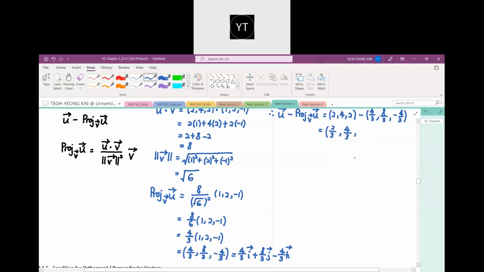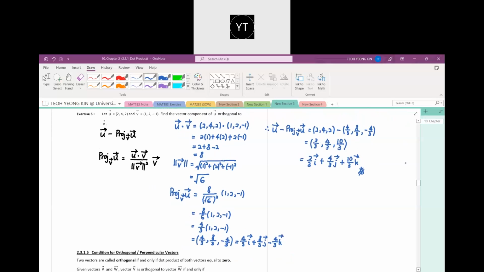So 2 minus negative 4 over 3 will become 10 over 3. Or you can write in the form of 2/3 i plus 4/3 j plus 10/3 k. So here is the solution for this exercise.